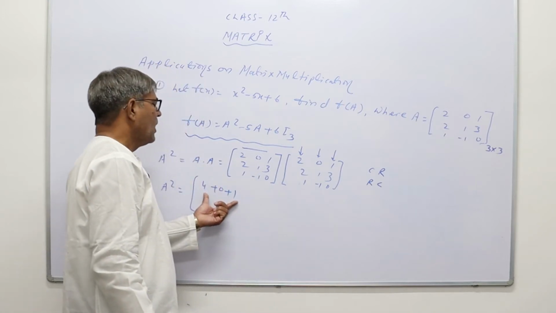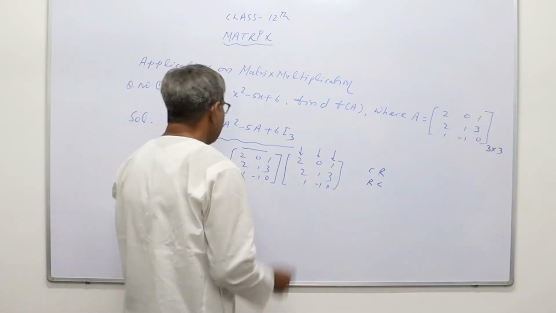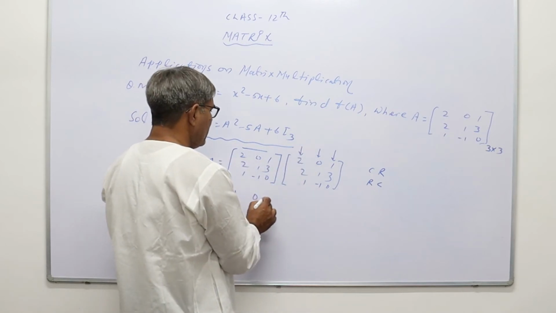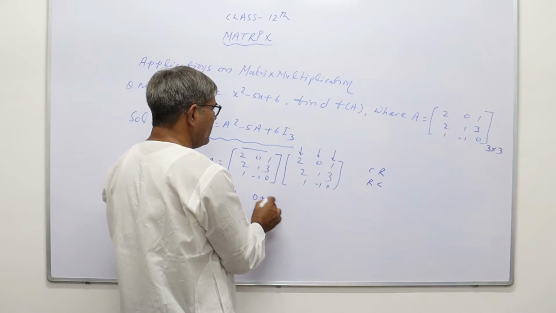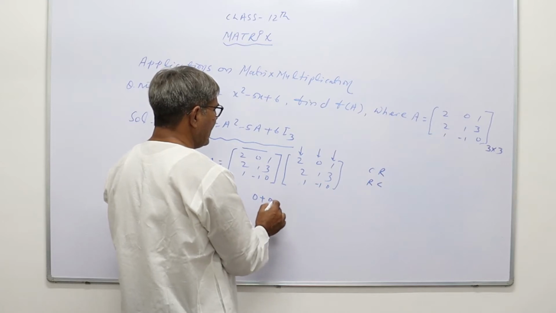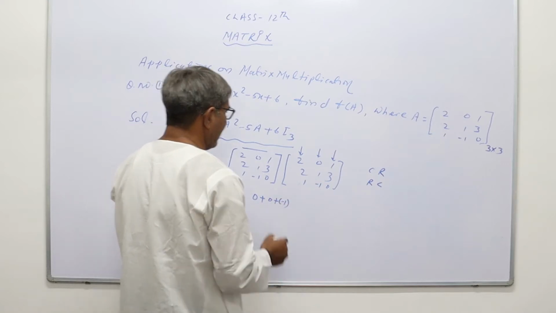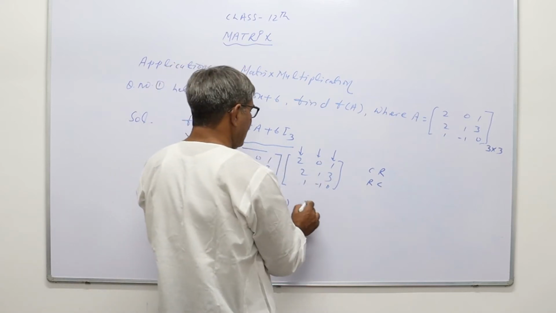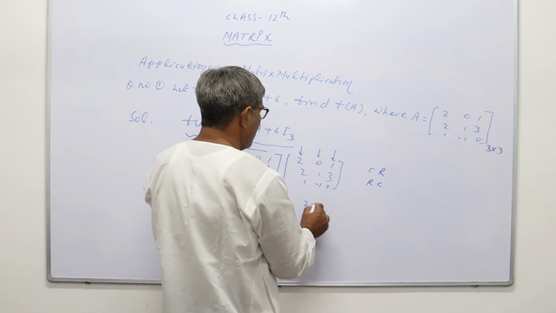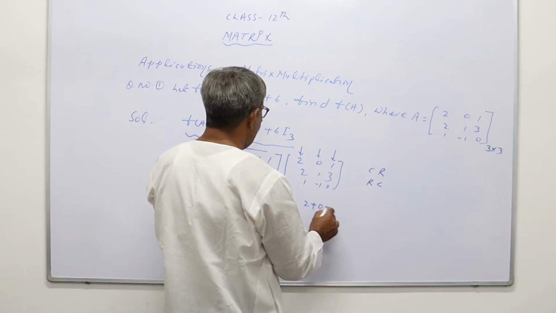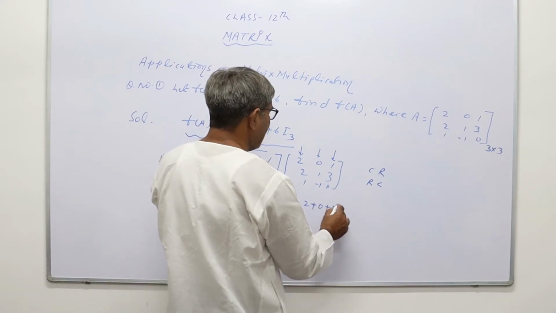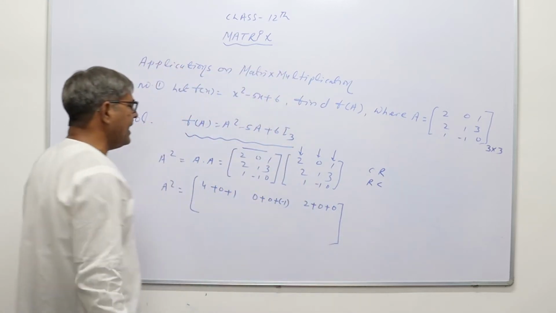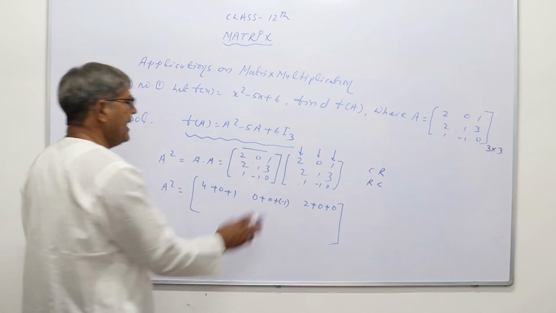Then first row, second column: 2 into 0, 0, 0 into 1, that is 0, and 1 into −1, that is plus of −1. Again first row with third column: 2 into 1, that is 2, 0 into 3, 0, plus 1 into 0, that is 0. Close this matrix. So this resulted in the first row's 3 elements.